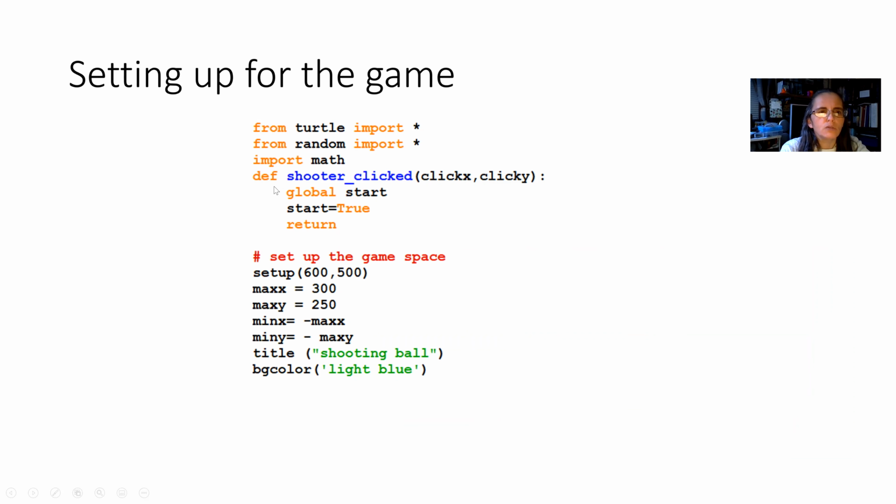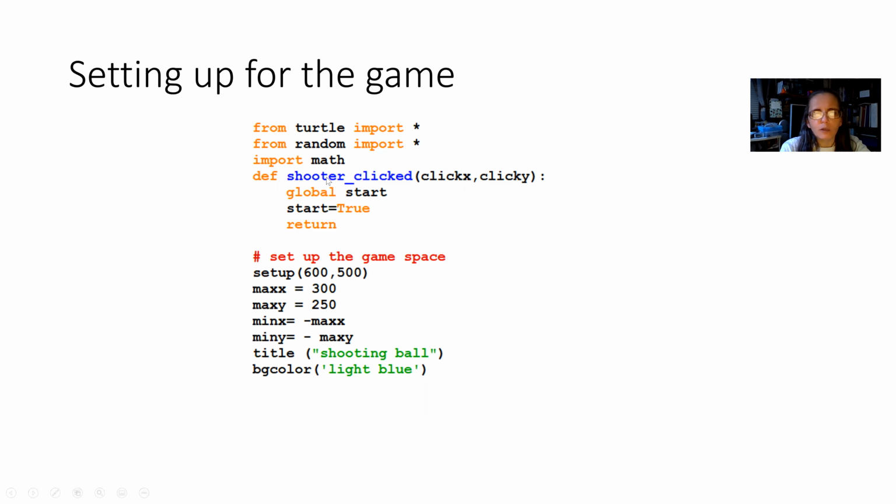We also need to define a function called shooter_clicked. This will take the x and y variables as input. We need to define a variable called start, which is going to be a global variable. When we talk about functions, we talk about how variables terminate when the function ends.